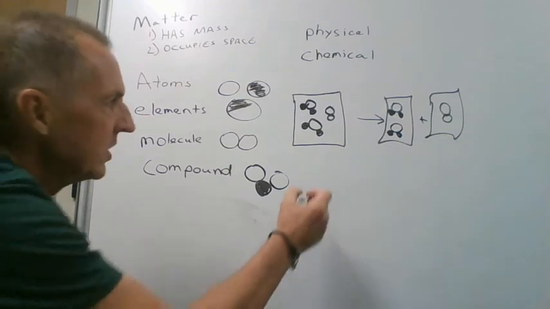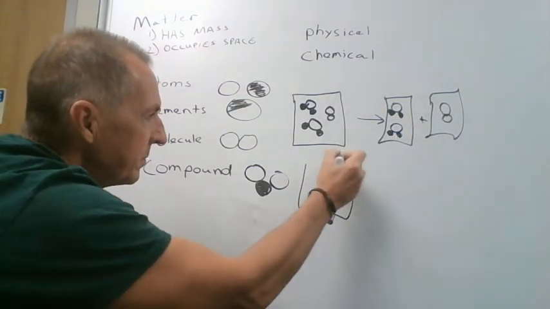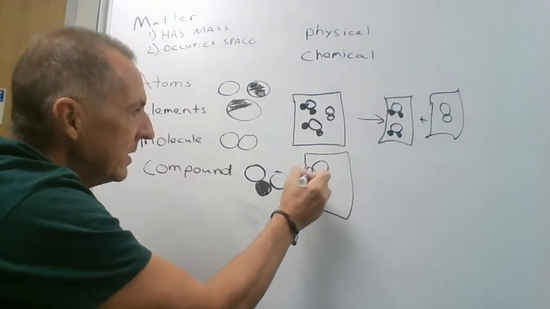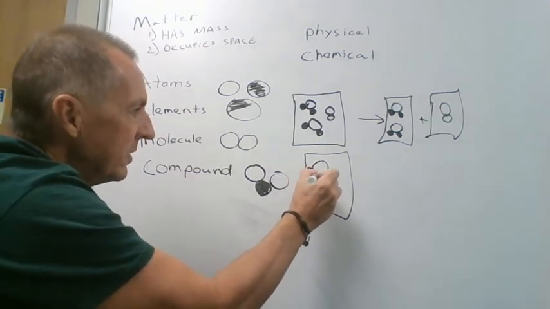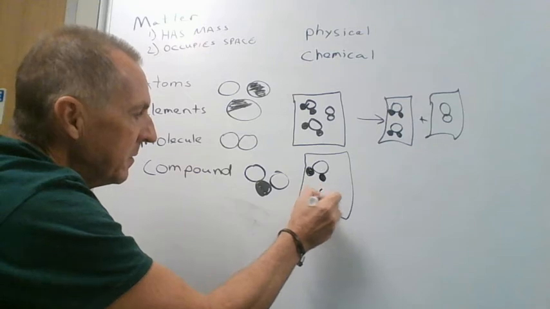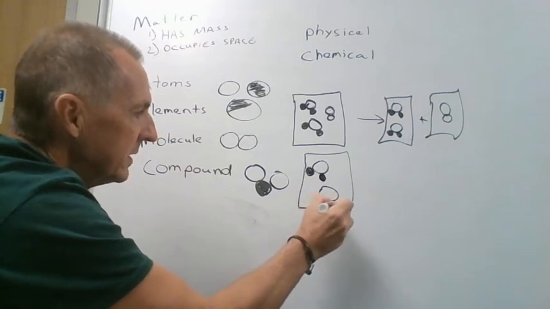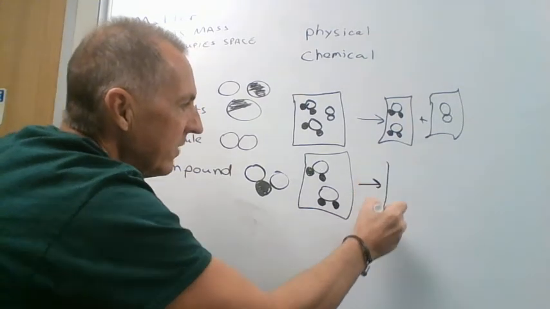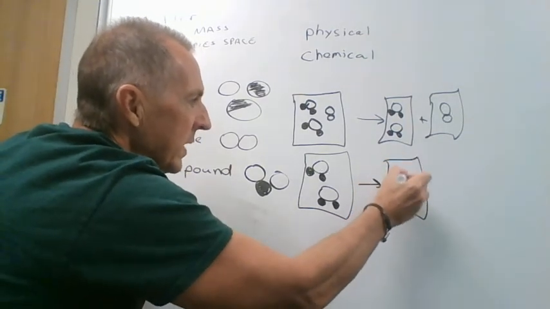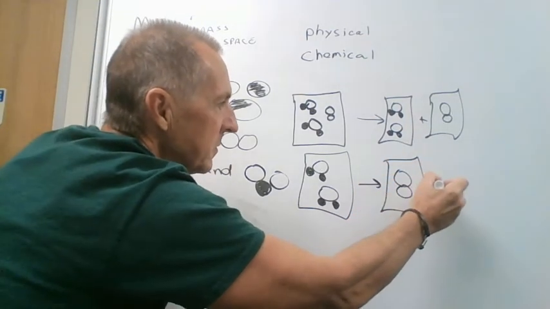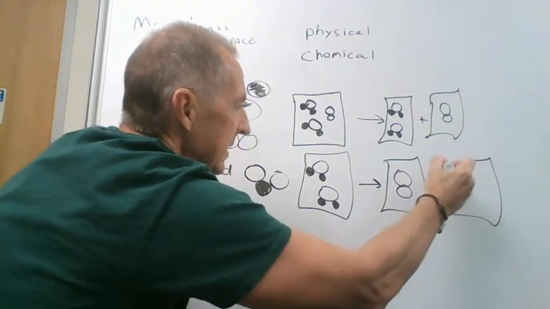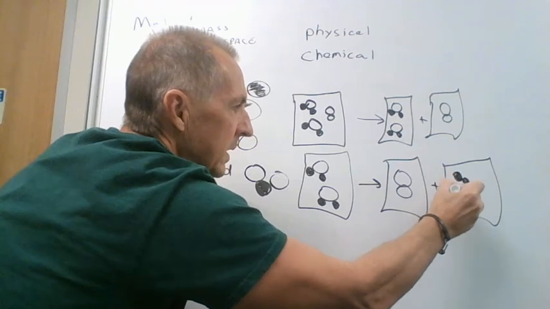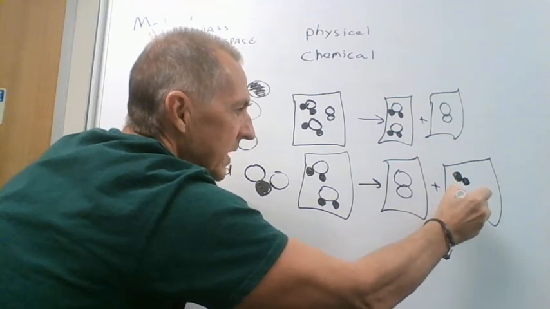In a chemical change, for example, say we start with a similar starting point where we just have one type of compound in there. And then we undergo a chemical change, and afterwards, what we end up having looks a little different than what we started with now.